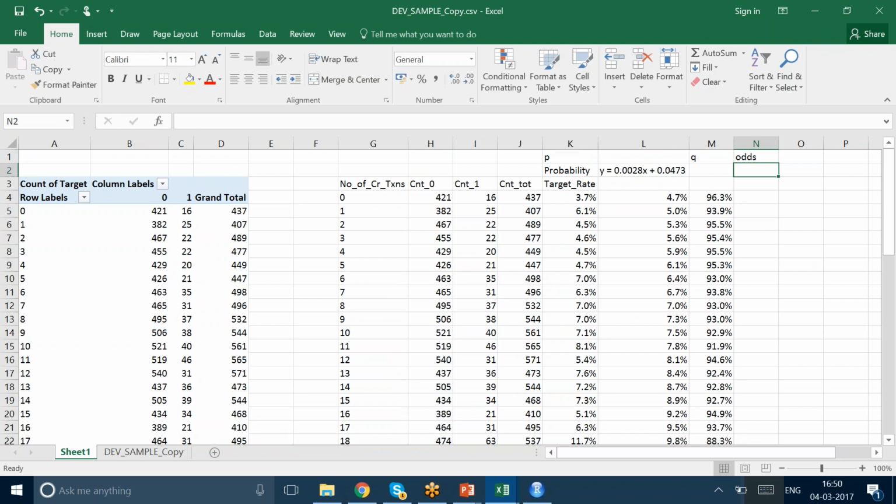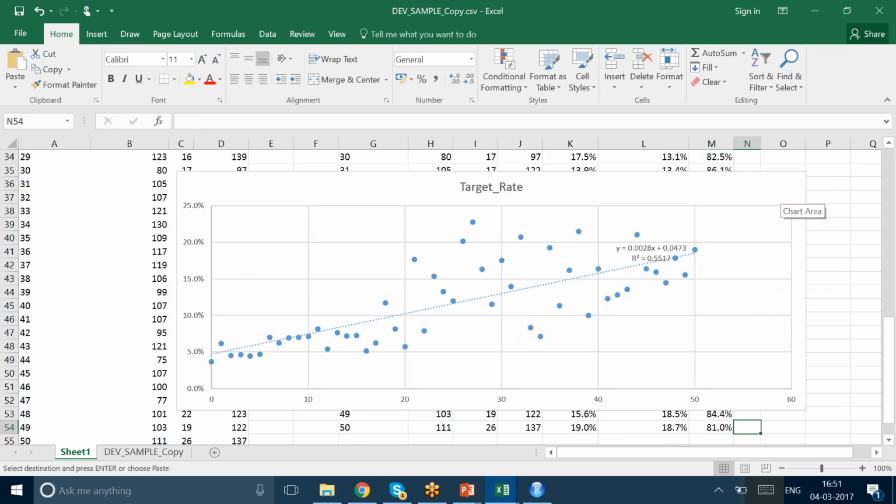Odds. What is odds? Odds means the ratio of probability of event occurring divided by probability of event not occurring. So P divided by Q is called odds. Let me convert this to numbers, so I can compute this odds.